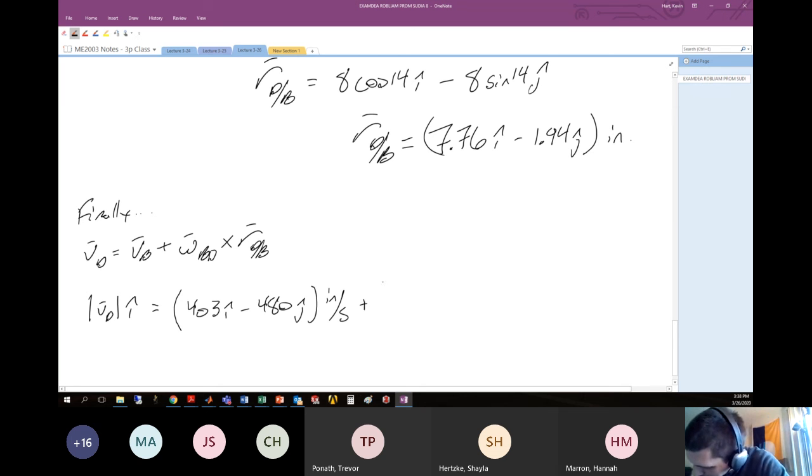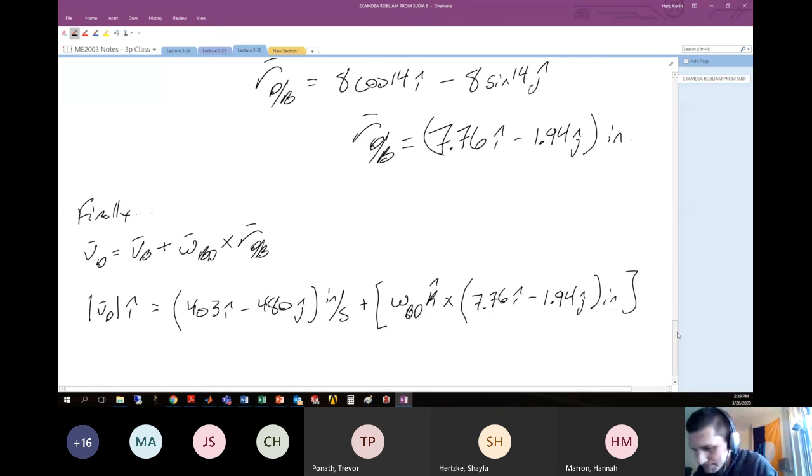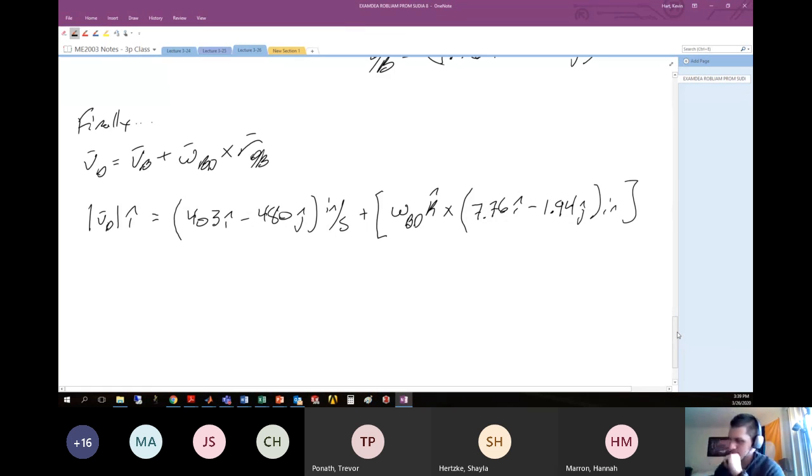And we're going to add to that our fixed axis portion of this, or the velocity of D relative to B, which is our unknown angular velocity, omega BD in the K hat, crossed with the position vector that locates D from B, which is 7.76 I hat minus 1.94 J hat inches. So let's simplify our cross product a little bit.